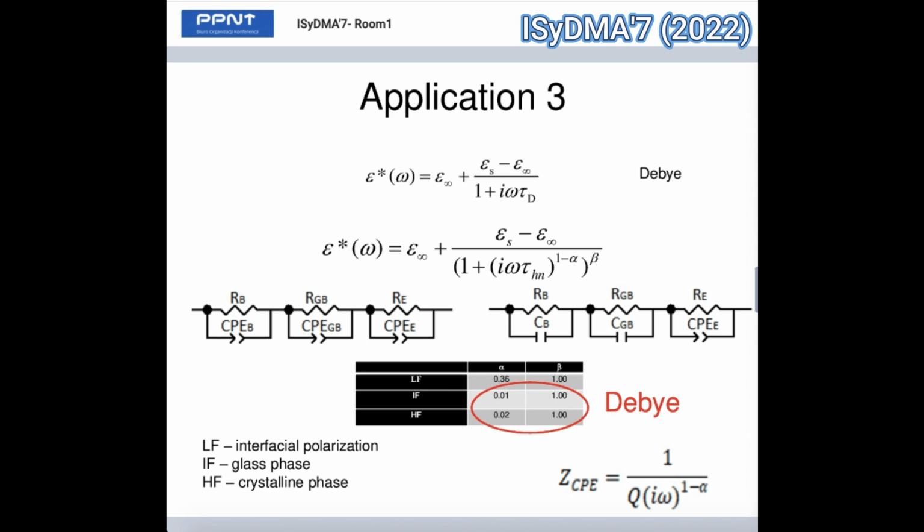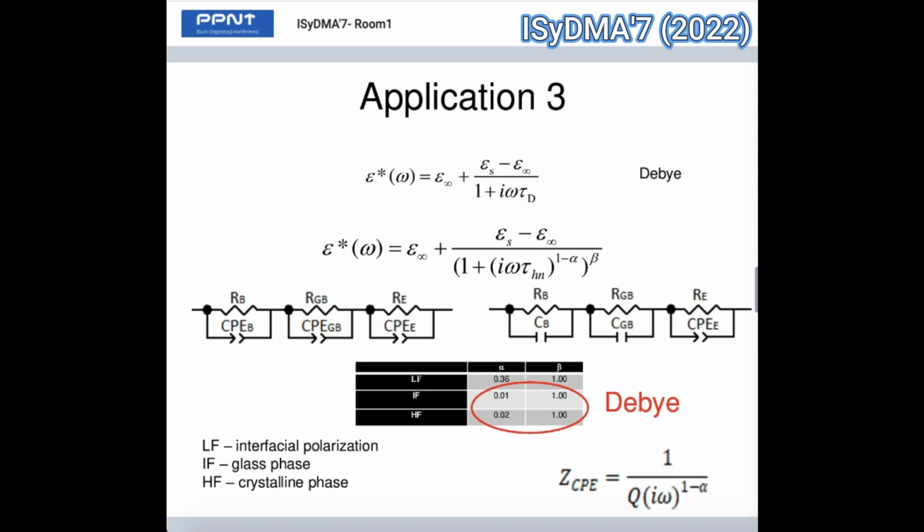That is an element that is not a resistance, not a capacitance. It is between them, and actually this can very well fit the data for Cole-Cole or for Cole-Davidson, for example. And in the case of the Debye model, this CPE is really a capacitor. So we made the calculus very simple.